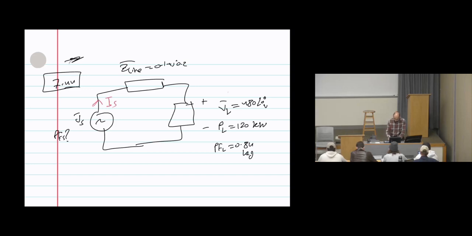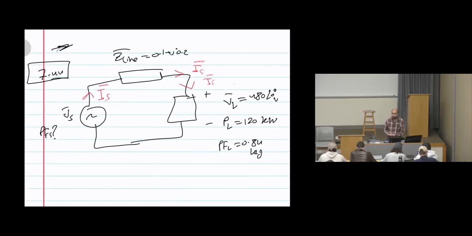Here I'm going to call it I source bar. This problem is already in phasor form, so I don't need to convert anything from phasor to time domain. So this is I source, which is unknown. If we figure out a way to find I source, then we can easily find V source by applying KVL.